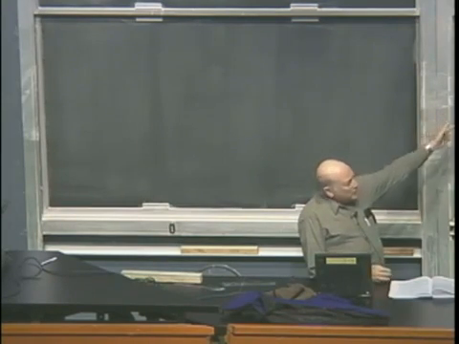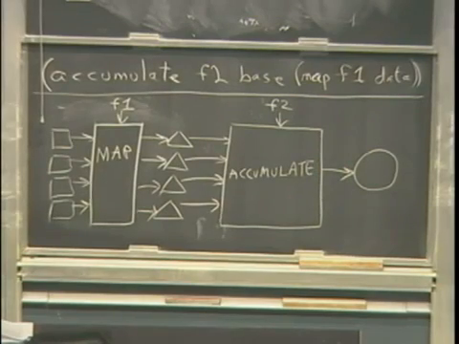So first take a look at this picture, which is about something that we do all the time, just in plain old single computer functional programming. By the way, we're in a way back in the realm of functional programming, although the actual MapReduce is not purely functional.